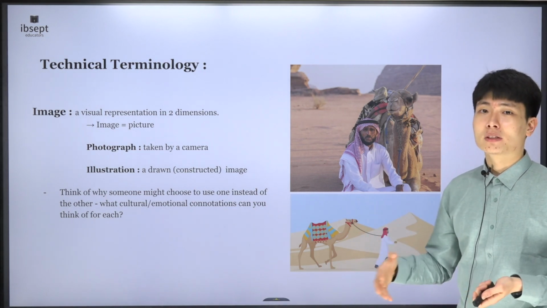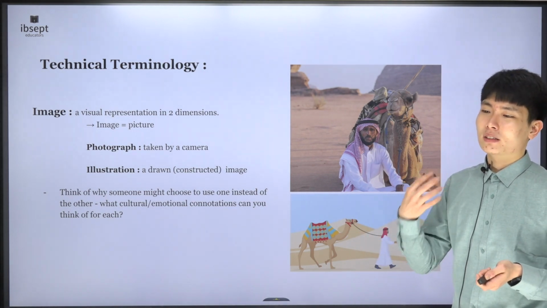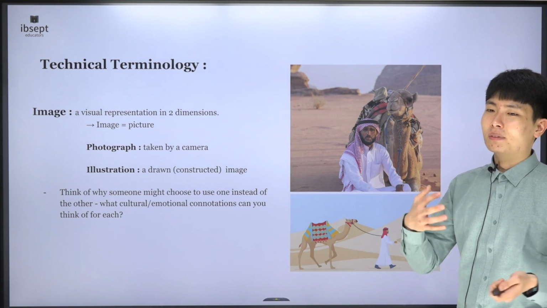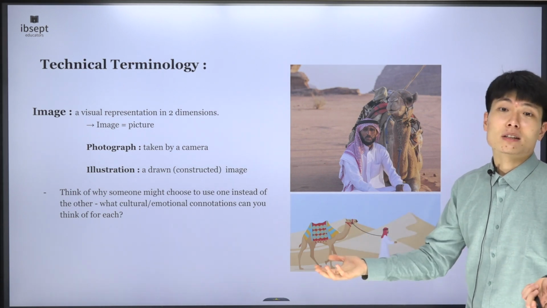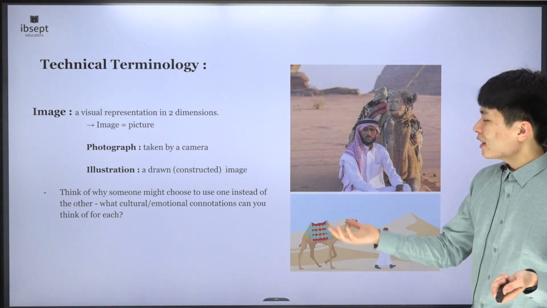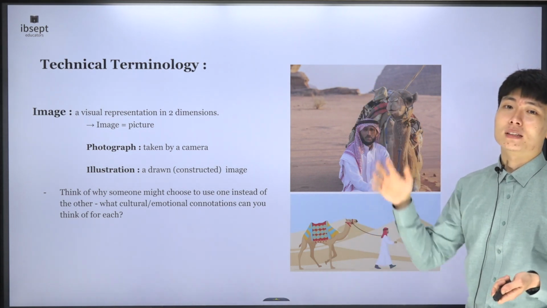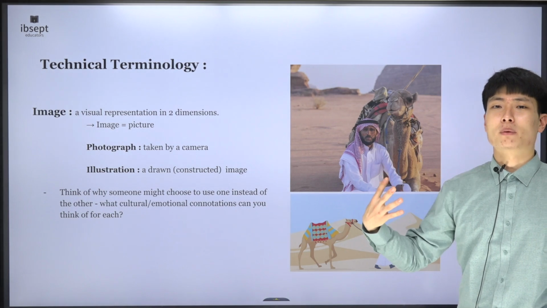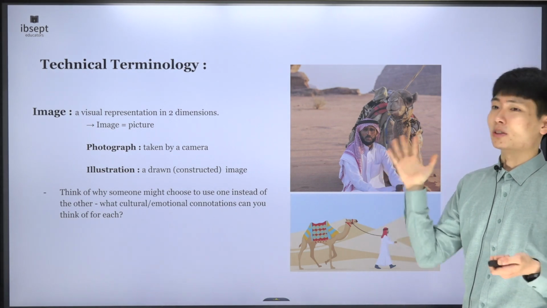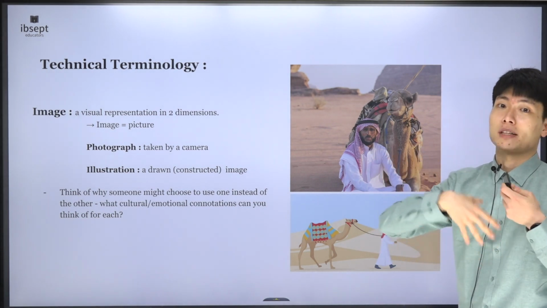For instance, if you were creating a more serious work, if your aim is to document life in the Sahara, instead of an illustration, you might choose to use the photograph because it comes across as more reliable, as it is, after all, a more accurate representation of reality.